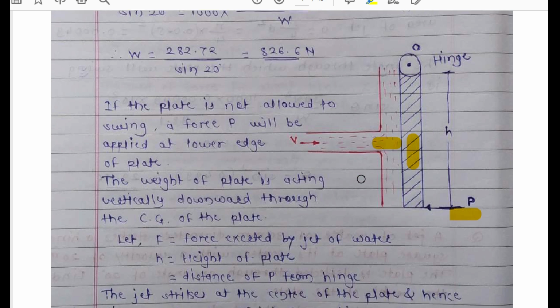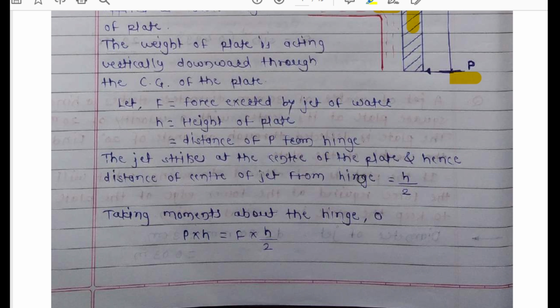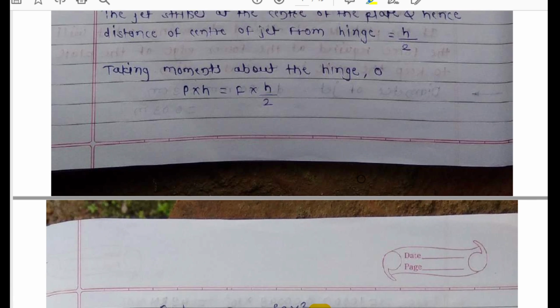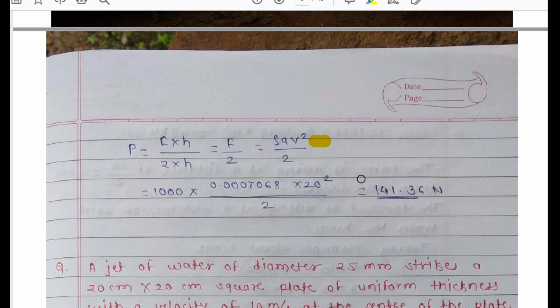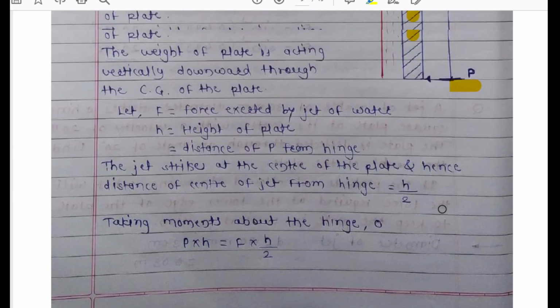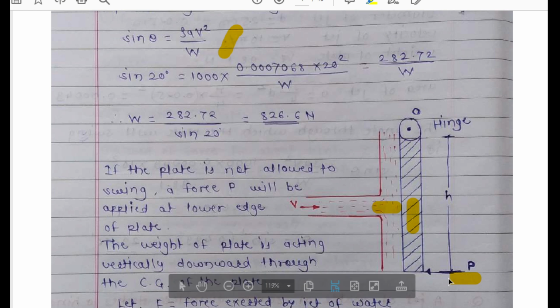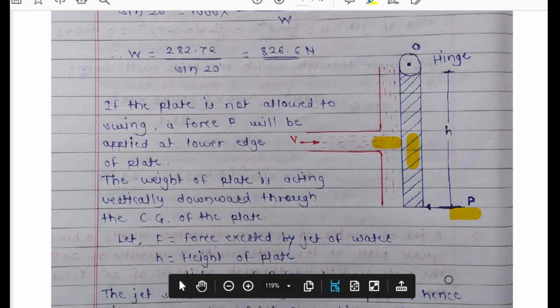This we have studied in the first lecture, that is the force exerted by jet on stationary plates. Consider all the quantities in this equation and find the value of P, that is the force which we have to apply on the lower edge of the hinged plate to keep that plate in the vertical direction only.